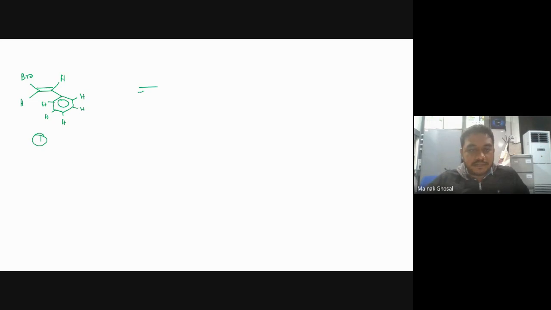Next structure, this is structure 2. Structure 3.